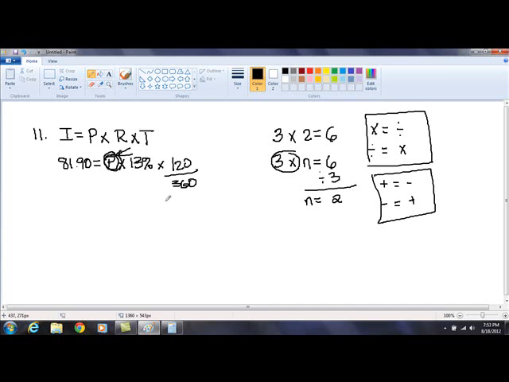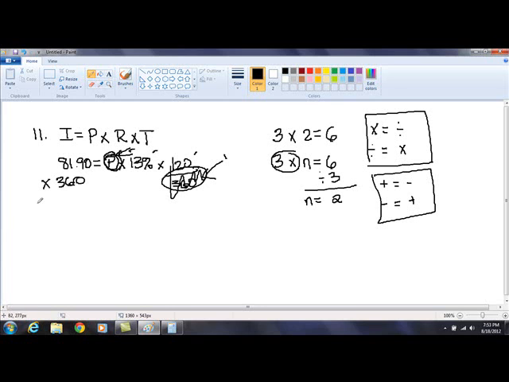Okay, I always like to start at the same place every time. That way I'm always doing the same thing over and over, and it makes my life easier because I don't have to remember things. I always start here and then go here, here, and here. Right now I consider 360. 360 is currently being divided, so when I bring it across the equal sign, I will multiply.